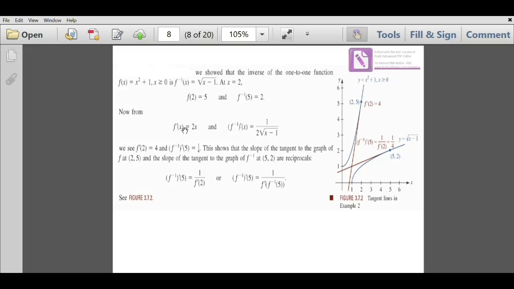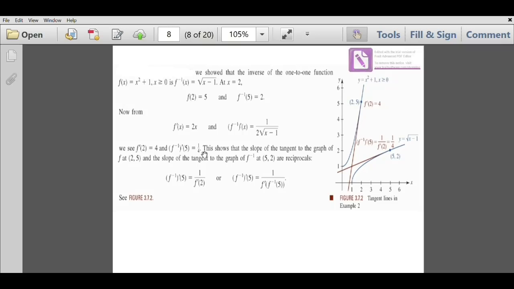So the value of the derivative of f, which is 2x at 2, is given by 2 multiplied by 2, which is 4. And the value of this derivative at 5 is equal to 1 over 2 multiplied by the square root of 5 minus 1. It will be 2, so 2 multiplied by 2, 4. So the derivative of f inverse at 5 is equal to 1 over 4.